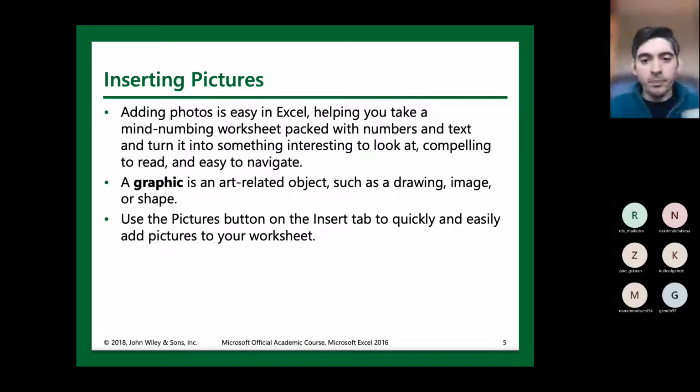PNG, JPEG. Okay, PNG, JPEG. Does anyone know what the practical difference is between a PNG and a JPEG? No, but is it like one is pictures and one is for images?